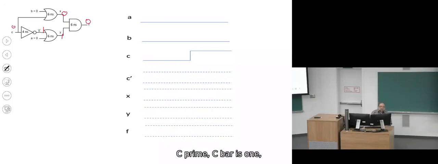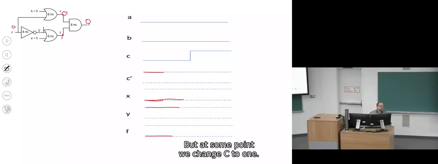At the beginning, C bar is 1, Y is 1, X is 0, and F is 0.